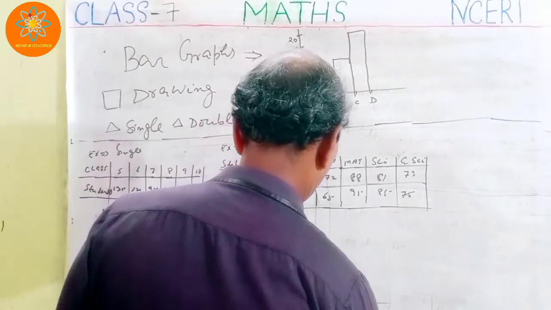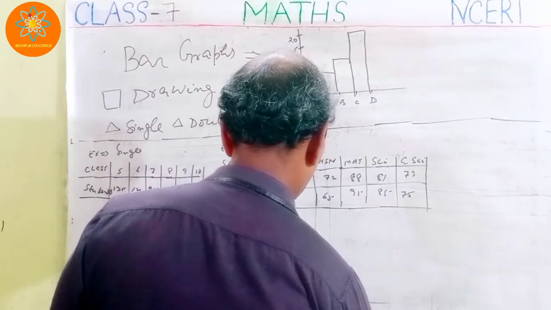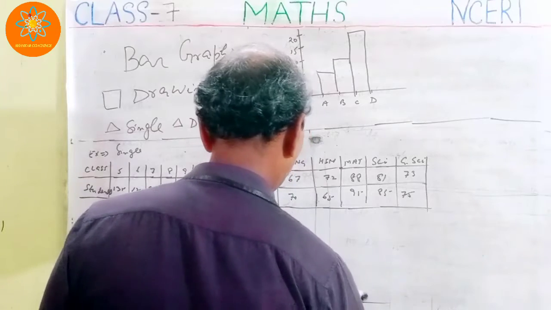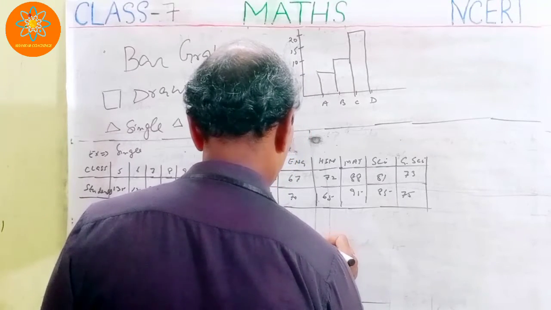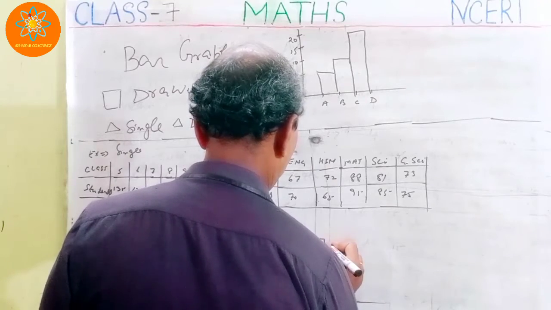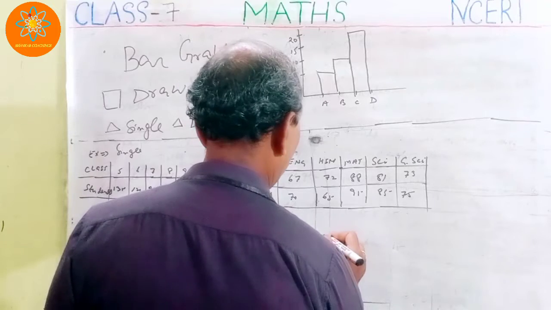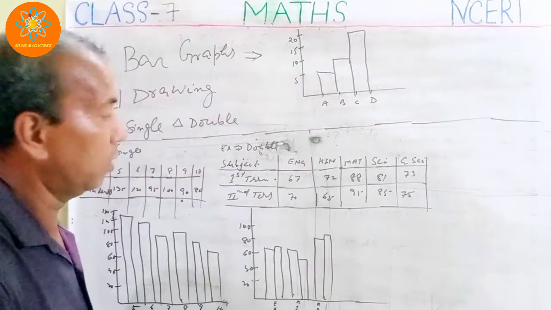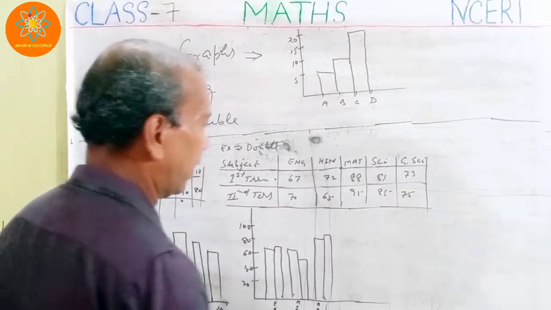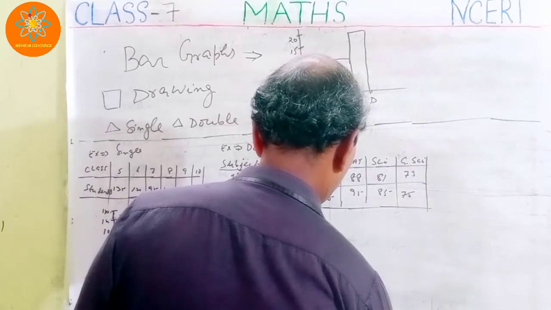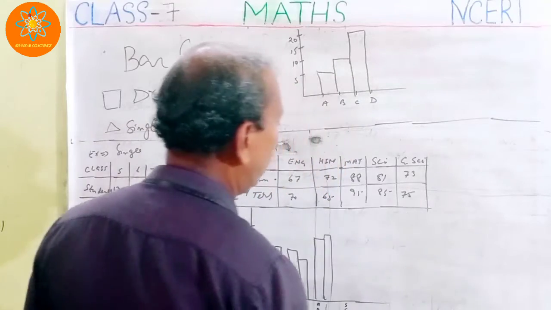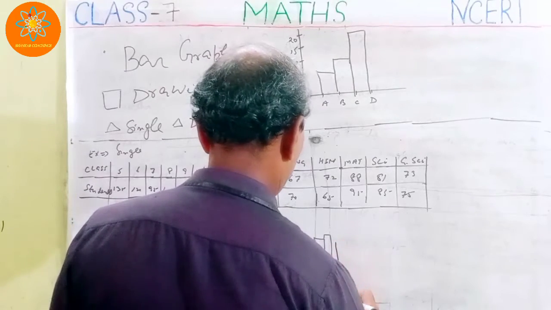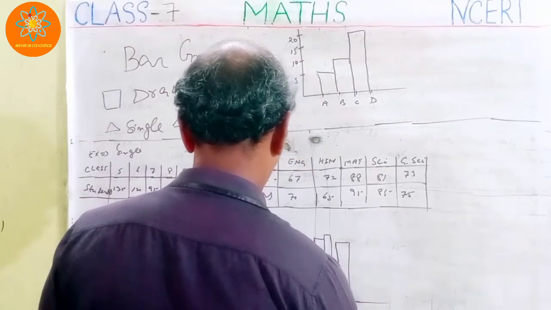Then maths. In maths, 88 and 95. Then science, 81 and 85.